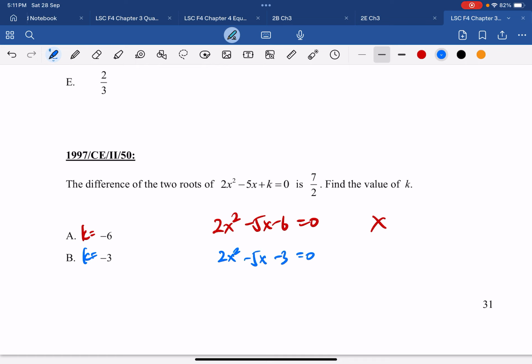You load the third and fourth outputs, and then subtract them and see if their difference is 7/2, because we want to see whether the roots differ by 7/2. So B should be the correct answer. Okay, now let's go to page 33.